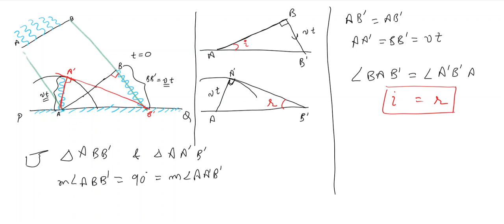So that is how, using the concept of wavefront, you can prove that angle of incidence is equal to angle of reflection. Let us now check how to show that angle of refraction and angle of incidence are also related by Snell's law.